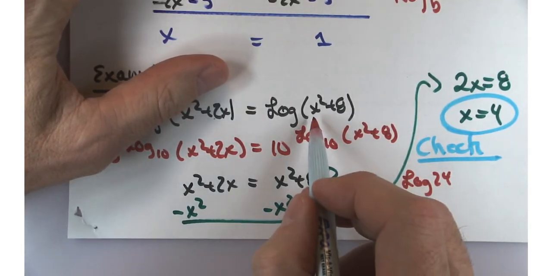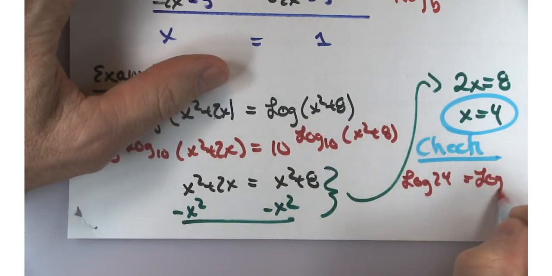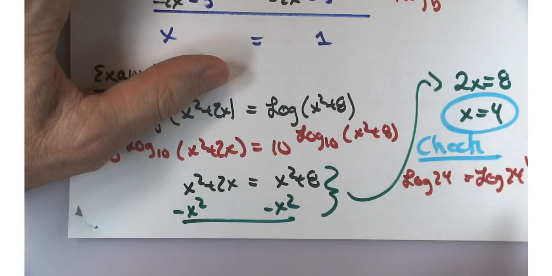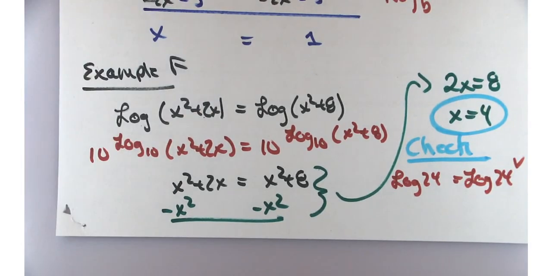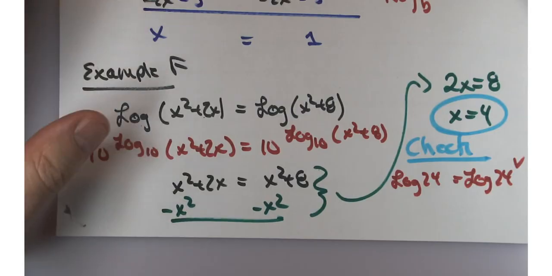If I put in a 4 here, 4 squared is 16 plus 8, 24 again. So it checks. It doesn't matter exactly what the log of 24 is. You get the log of 24 on both sides. Looking good.